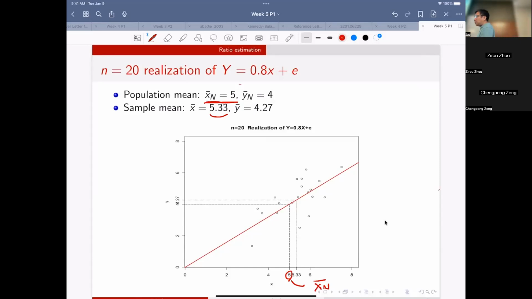That should make sense, right? Even though I generated X from a normal with mean 5 and variance 2 squared, that does not necessarily mean the sample mean is equal to 5. It can be something close to 5, but not necessarily exactly 5. So this is my sample mean.